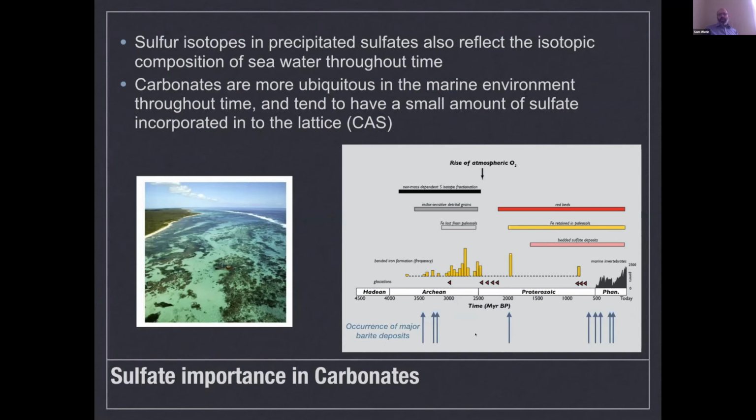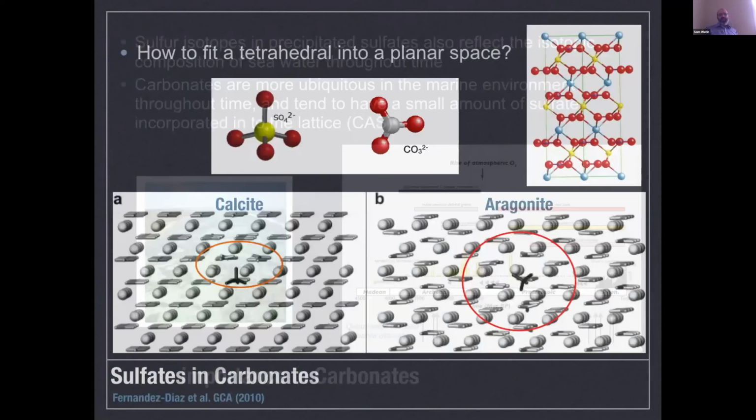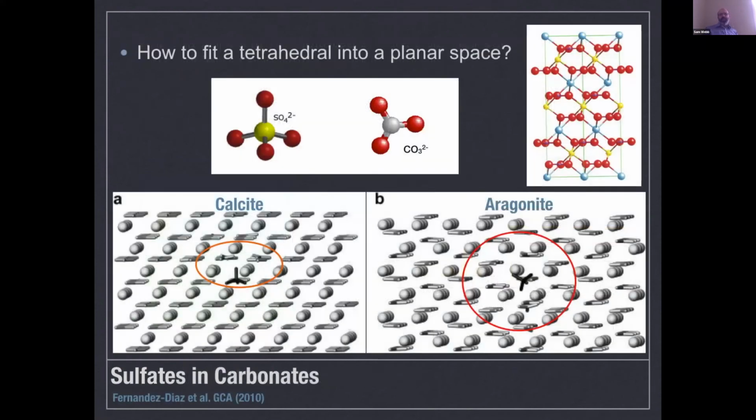So one real question is, how do we actually fit a tetrahedral sulfate into a planar carbonate space in a calcium carbonate type mineral? Some calculations, dynamic simulations were done earlier by Fernandez-Diaz, and showed that if you try to shove a sulfate into a calcite, it actually has a different structure and a different perturbation than an aragonite lattice.